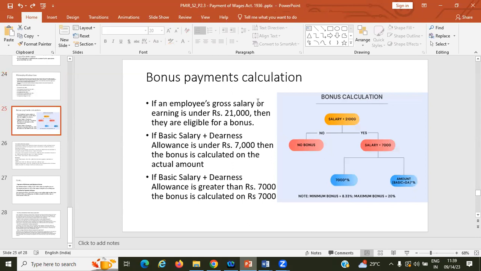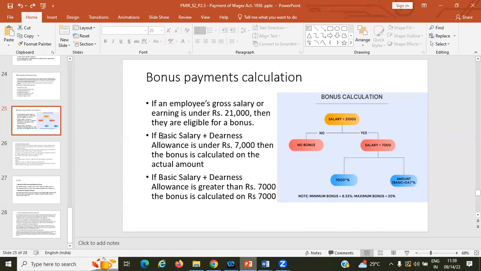If an employee's gross salary or earning is under 21,000, as mentioned in the act, then they are eligible for a bonus. Their gross salary should be less than 21,000. Then take the basic salary and dearness allowance, which is what the government declares.